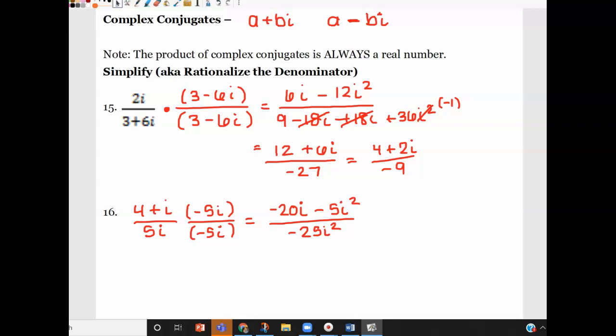But we know that i squared becomes negative 1. So that will change my denominator to a positive 25. And i squared up top becomes negative 1. So negative 1 times negative 5 would give me positive 5 minus 20i. And once again, if you wanted to clean that up or simplify, you could divide everything by 5 to get 1 minus 4i all over 5.